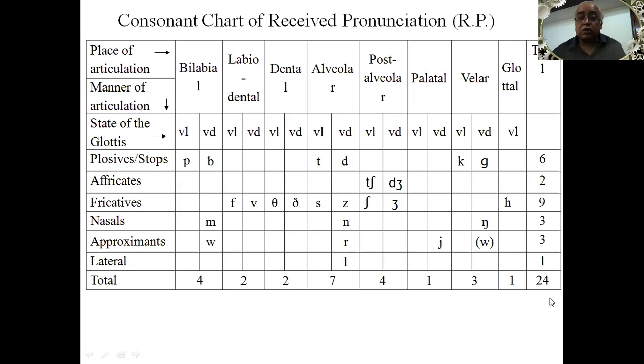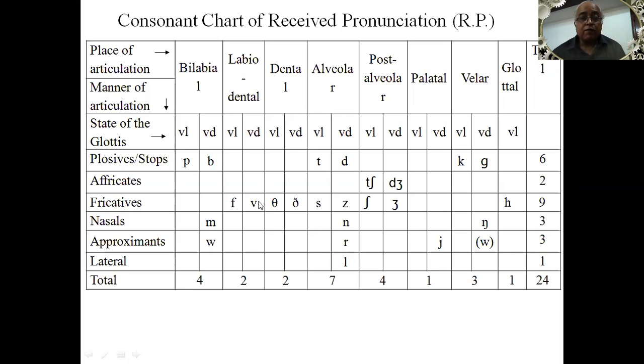So there are 24 symbols in the consonant sounds. Let's repeat. What are they? Pa, ba, ta, da, ka, ga, 6 plosives. Cha, ja, 2 affricates.